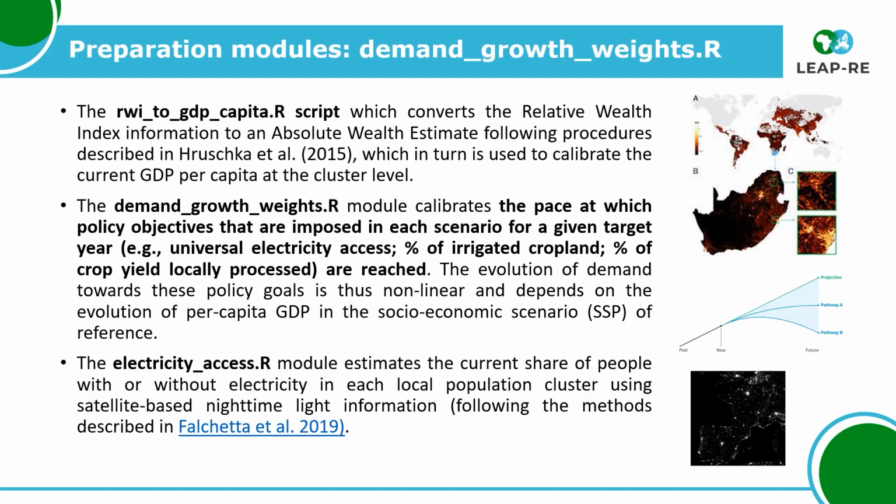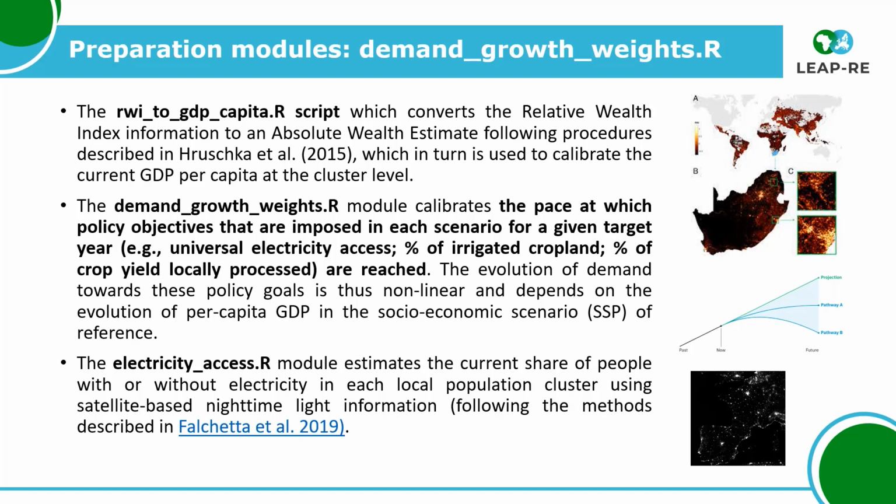This is important for assessing current and future demand, and then at what pace policy objectives imposed by each scenario for a given target year, such as universal energy access, irrigated cropland, or crop yield, are reached. So depending on the evolution of GDP per capita, we project the speed of evolution in different development targets.